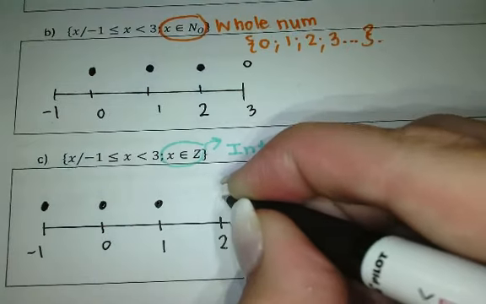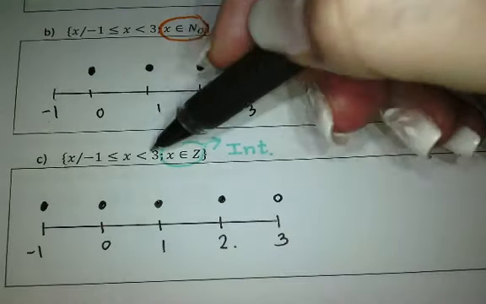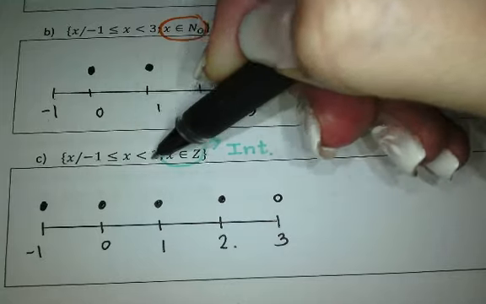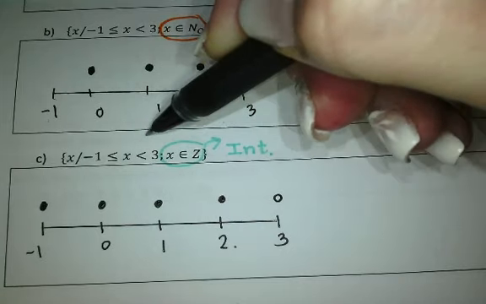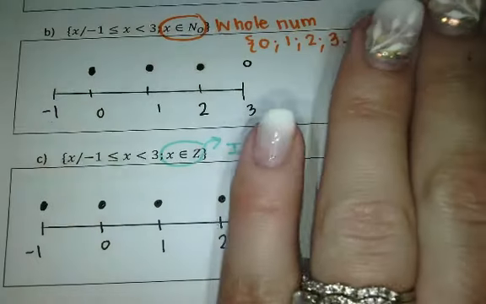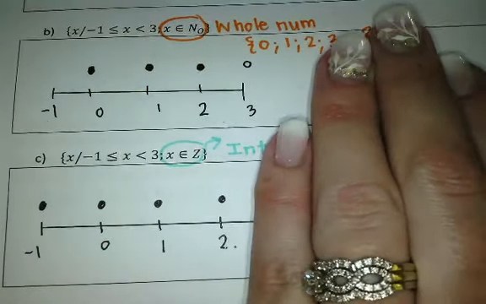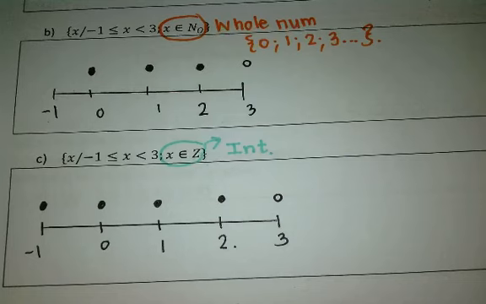Closed dot, and I'm going to have a closed dot on 0, 1, 2, and on 3 it's going to be open, because at 3 we've got an excluding inequality sign. So technically speaking, this 3 doesn't exist on this number line.